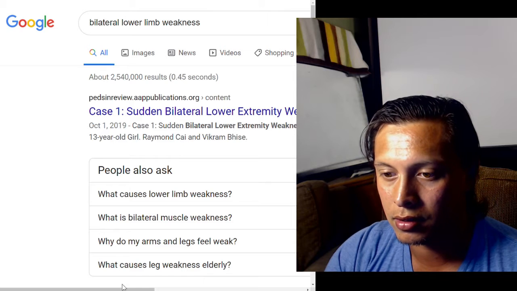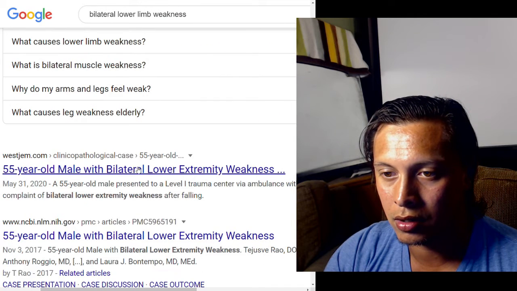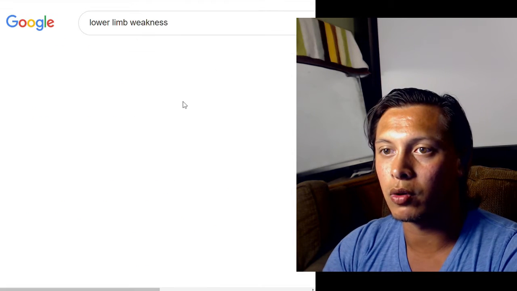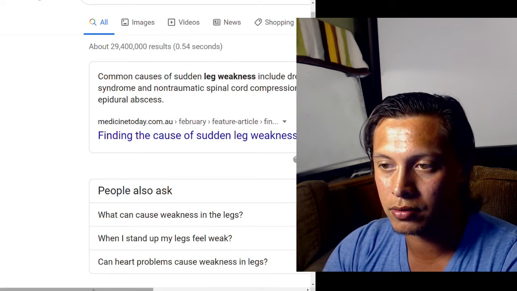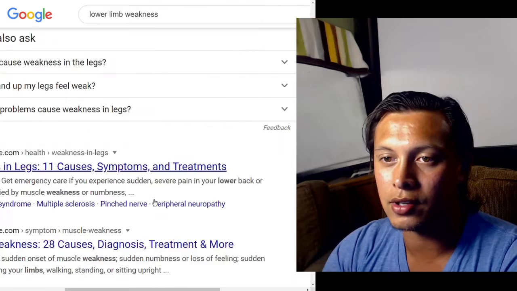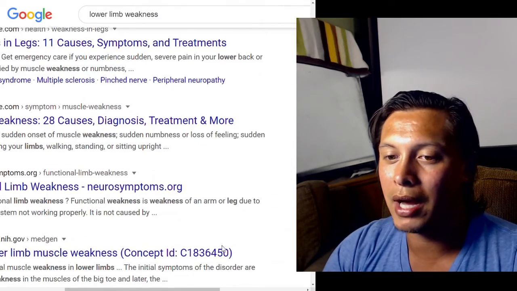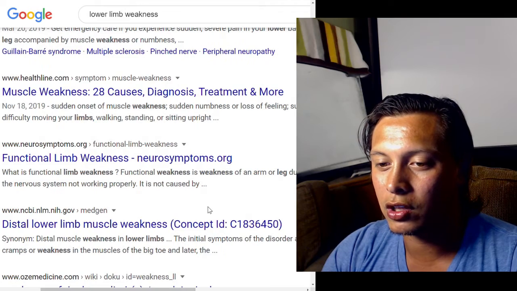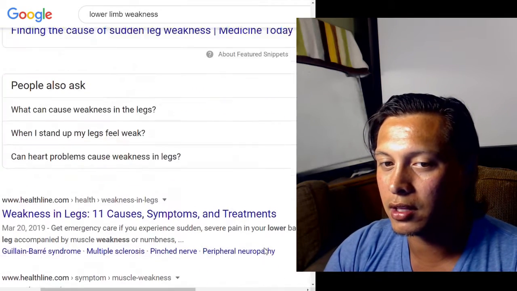So I'll look this up to make sure I'm not wrong. Let's just look up lower limb weakness to make sure. Yeah, so I don't know why they call it lower limbs rather than legs.